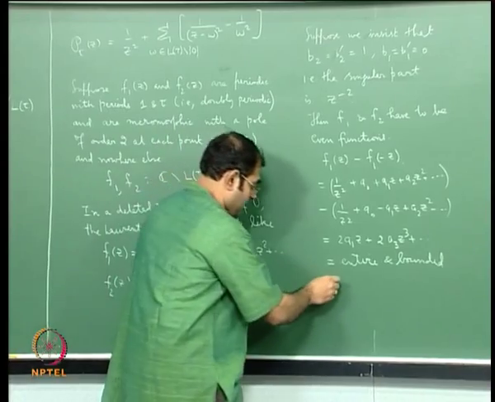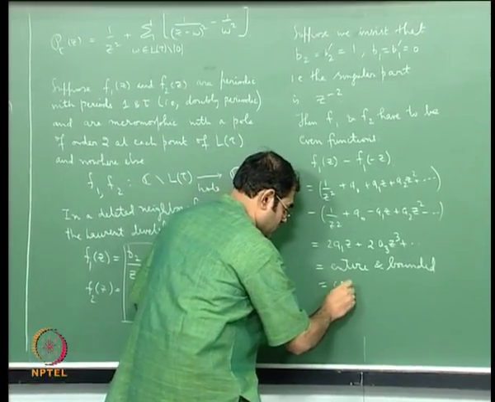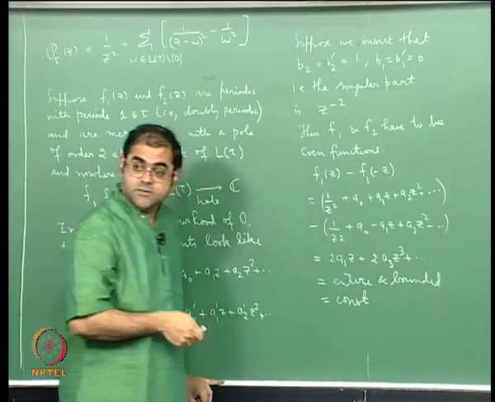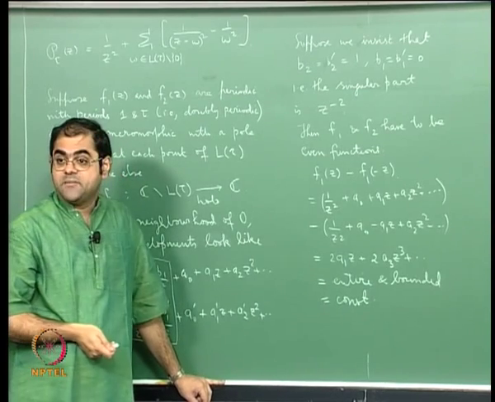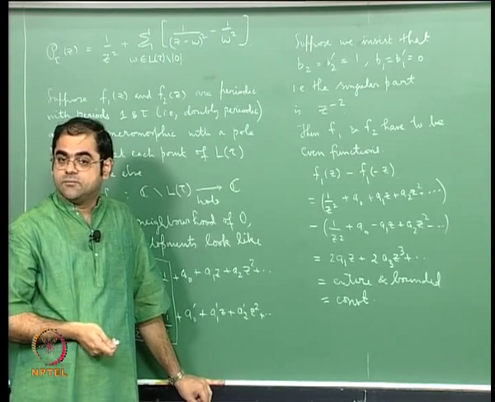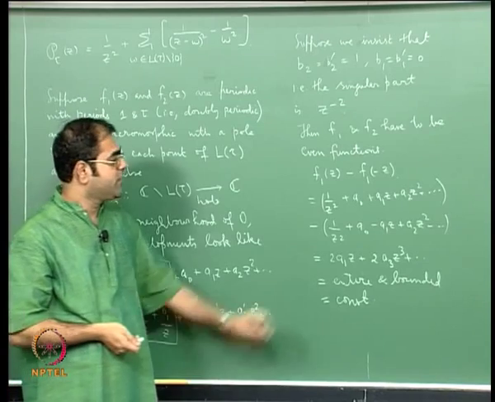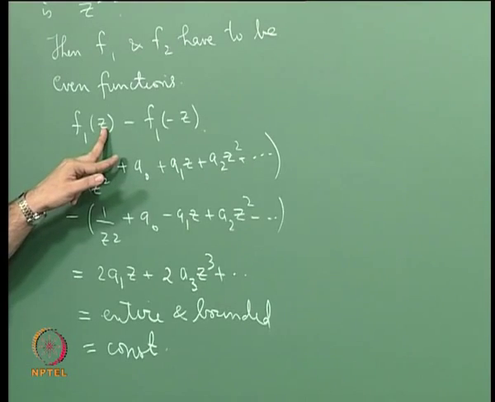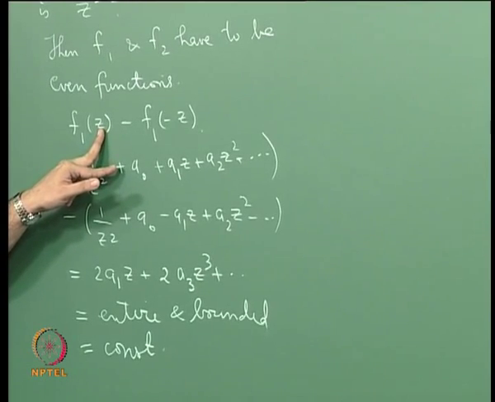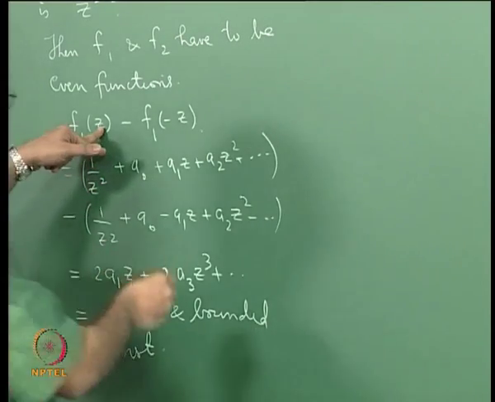So this will be equal to a constant, okay. So this difference has to be a constant, and the claim is that that constant is actually 0. That constant is actually 0 because if you want, I can put z equal to half, or put z equal to tau by 2, something either half or tau by 2.